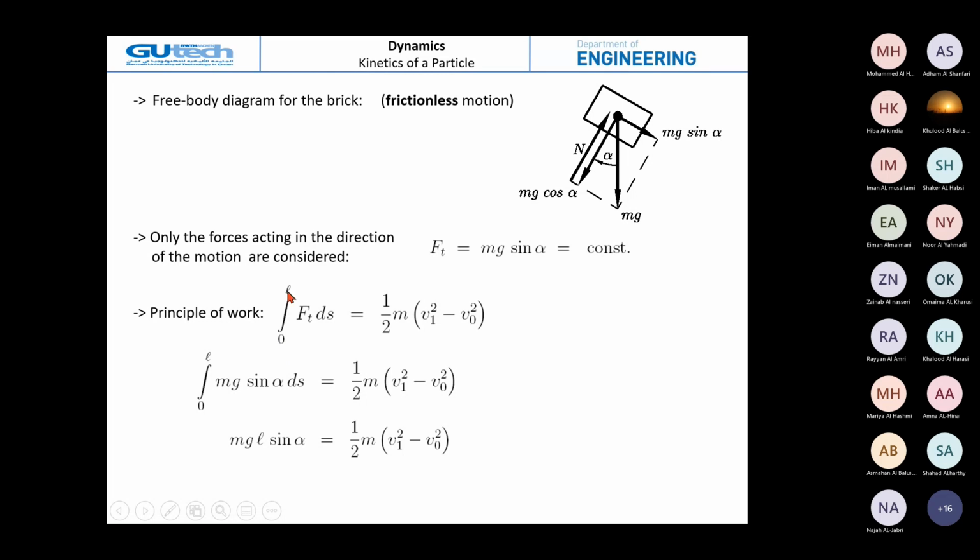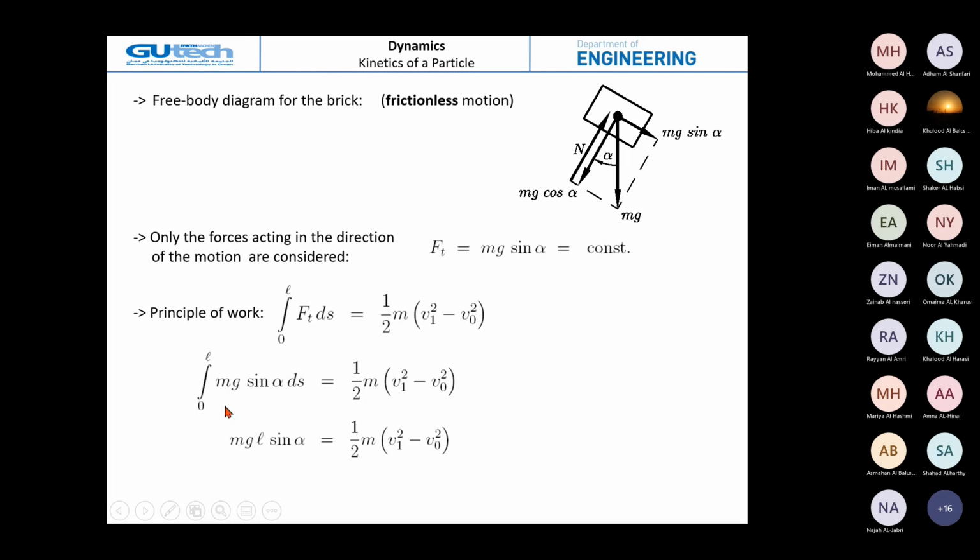And we have here the position, the actual position, which is in our case here, L. Then we integrate, this is the work W, which will be equal to the change of the kinetic energy, defined by half of m times velocity at time t1 squared minus velocity squared at time t0.